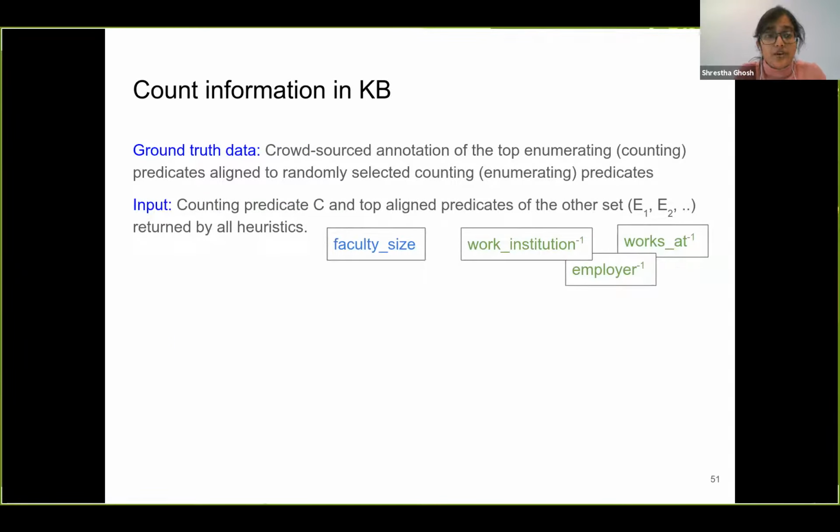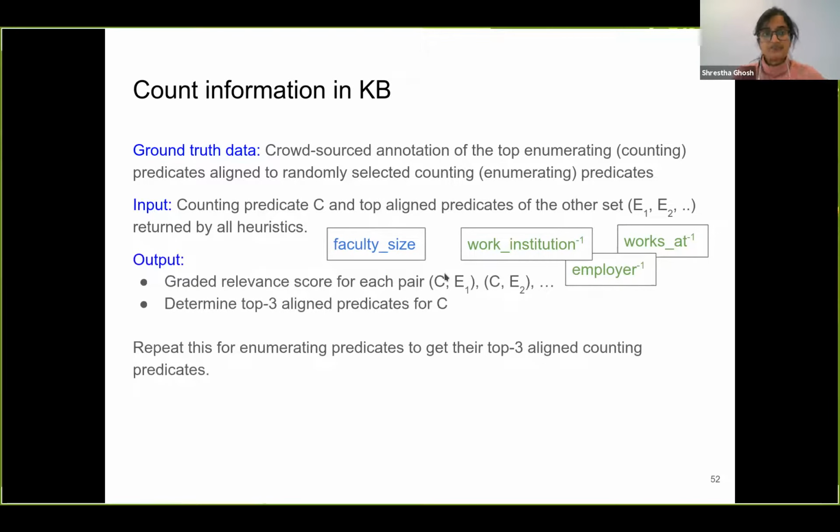And how do we get the ground truth data for alignments? Again, it's difficult to get ground truth data automatically, and you need to rely on crowdsourced annotations. So just select a random subset of the pairs, and then for every counting predicate, for example, take the top aligned predicates from the other set and present them to the crowd workers, who then give pairwise graded relevance scores.